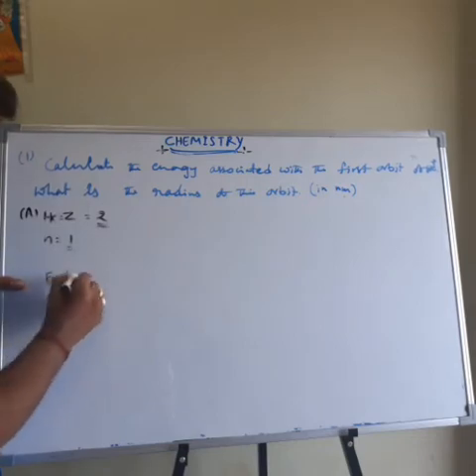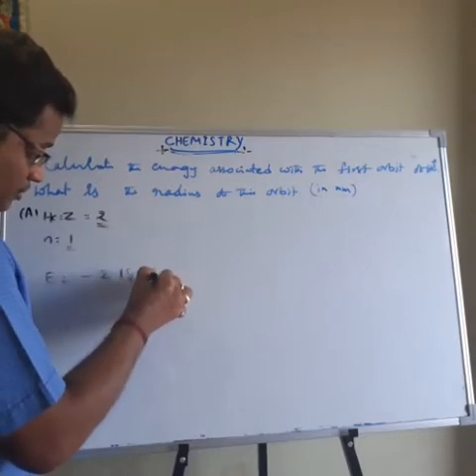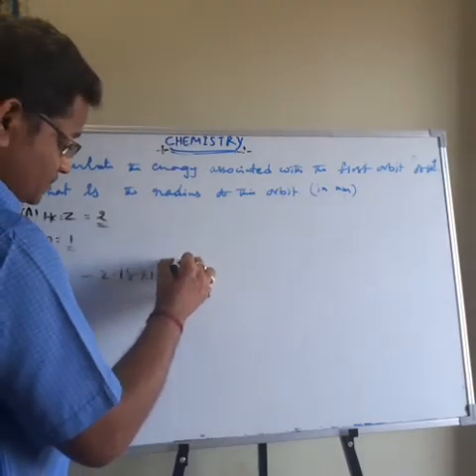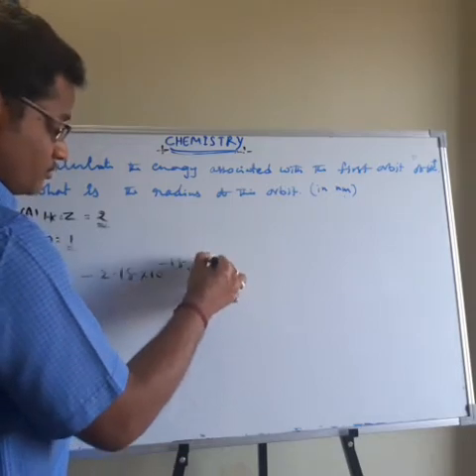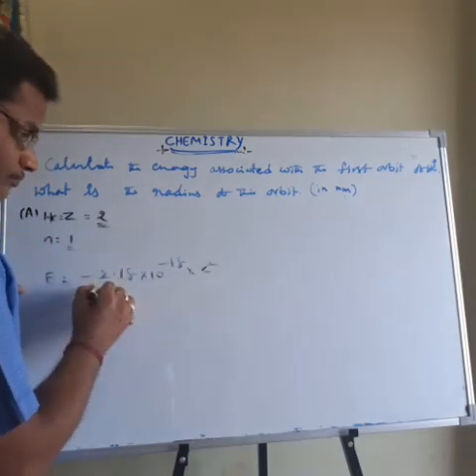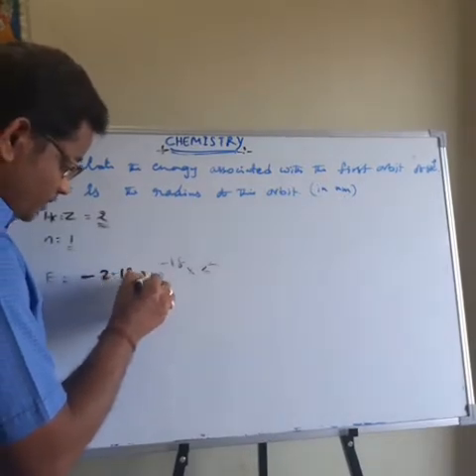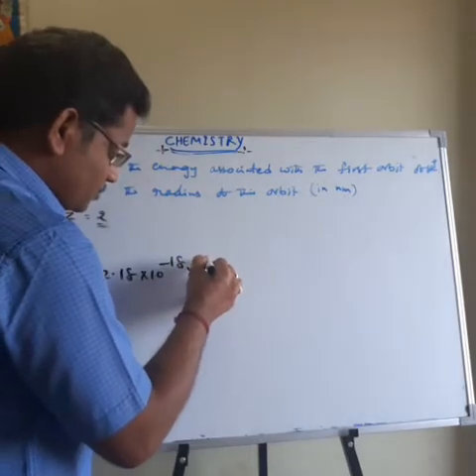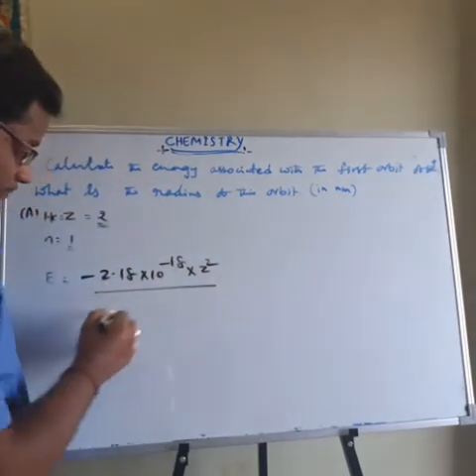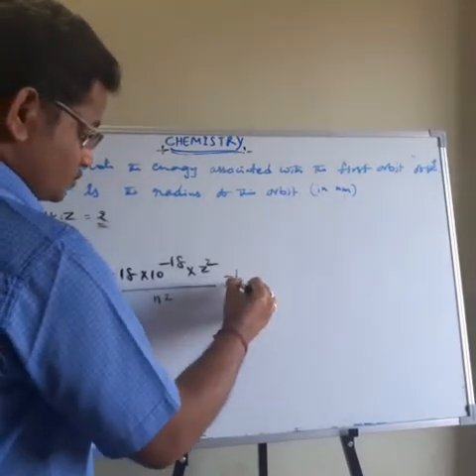Therefore energy is equal to minus 2.18 into 10 power minus 18 into Z square divided by N square. This is the formula, in joule per atom.